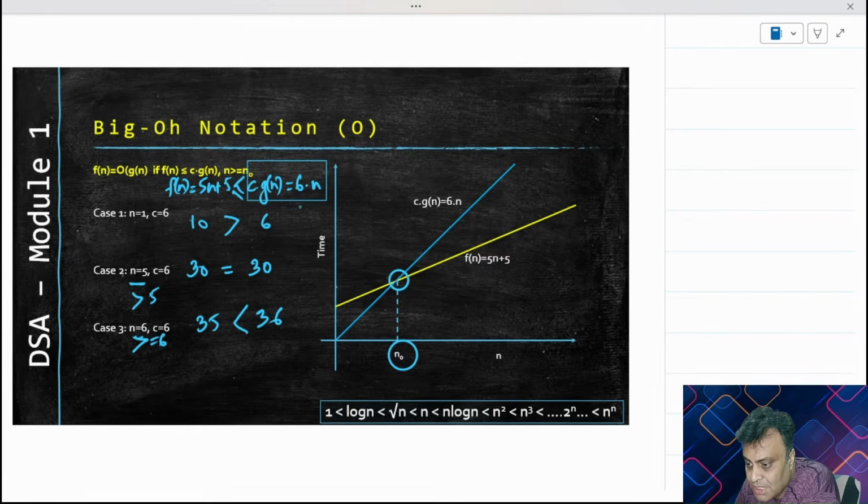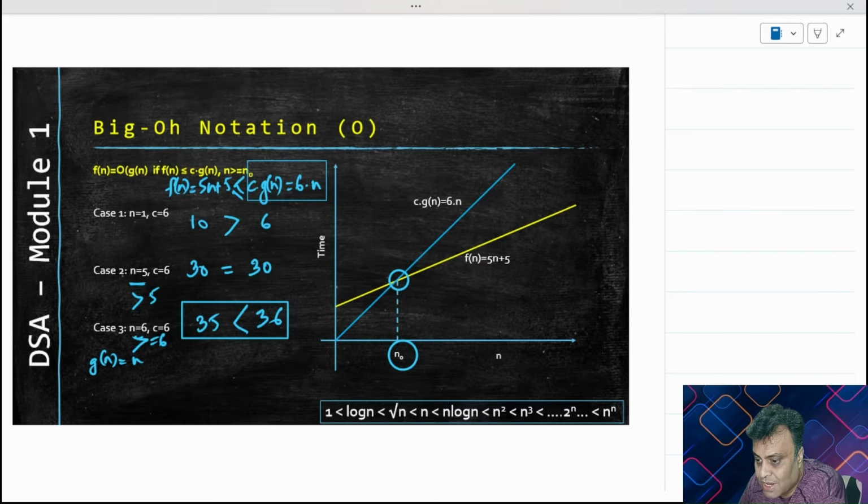So what is my gn here? c is 6, gn is n. So my gn is actually n, and it satisfies this condition. If this holds true, then I can say my Fn is equal to big O of gn. That is my upper bound.